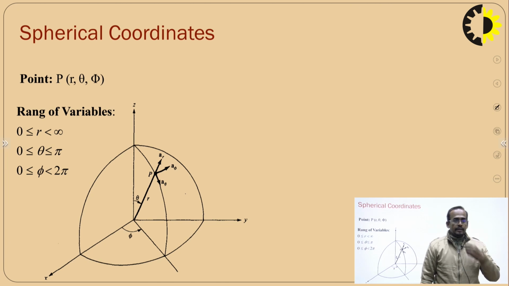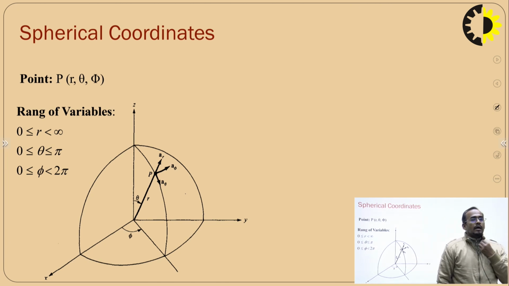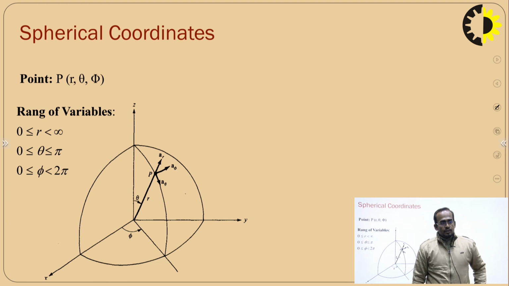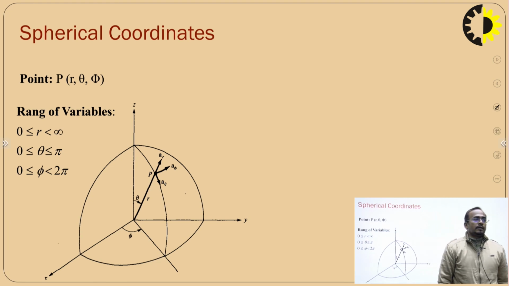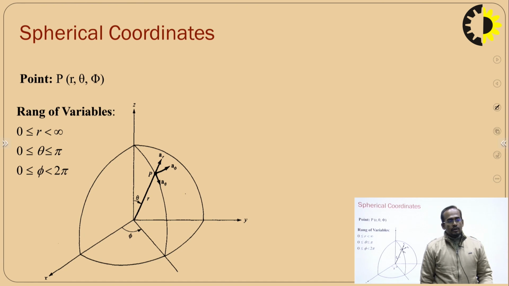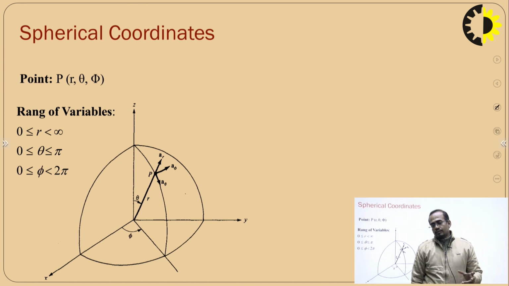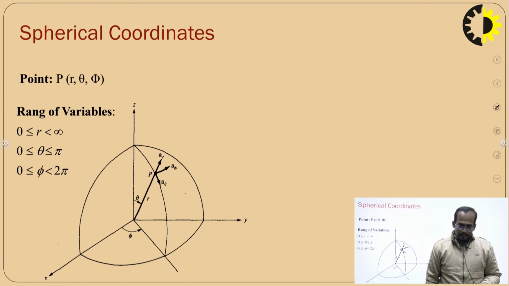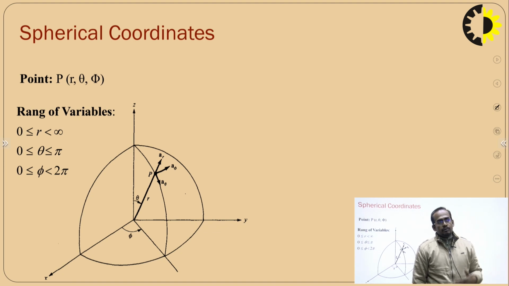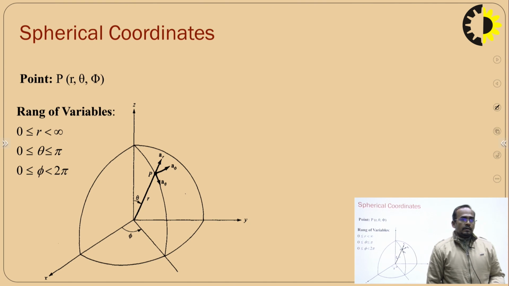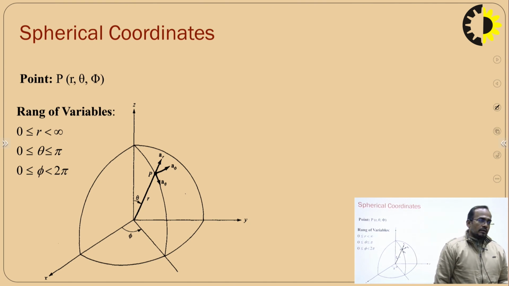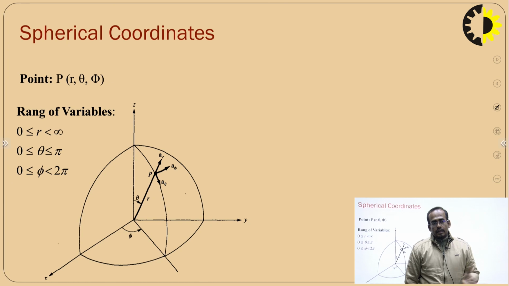In a spherical coordinate system, the variables are r, theta and phi. For making a sphere, I am always considering the xyz coordinate. In the xyz coordinate, I have to transform that coordinate into the cylindrical coordinate system. Similarly, I have to transform the rectangular or Cartesian coordinate system into the spherical coordinate system.